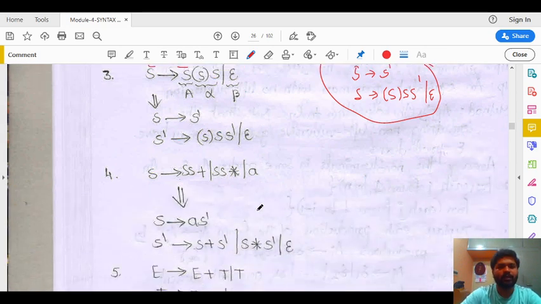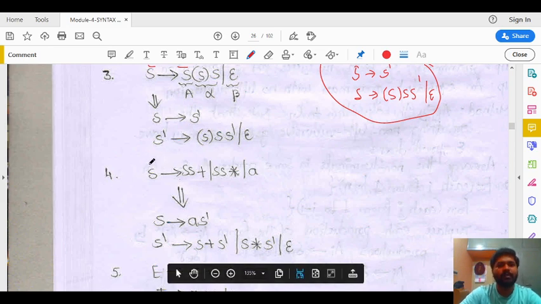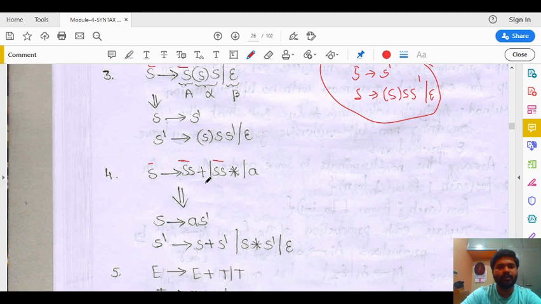Next, we look into another example. What is the term which is repeating? S, and here S S is repeating, here also S S is repeating. So S and S is what is repeating. So what is beta? A. So according to the term, what is the value which I look for? A tends to beta A dash. So what is beta? Beta is small a. So my production should have A tends to small a A dash.